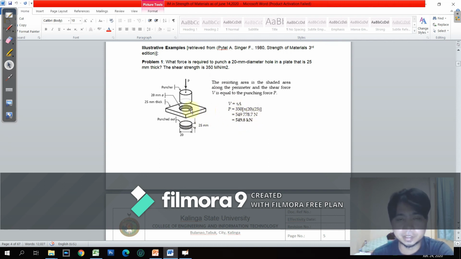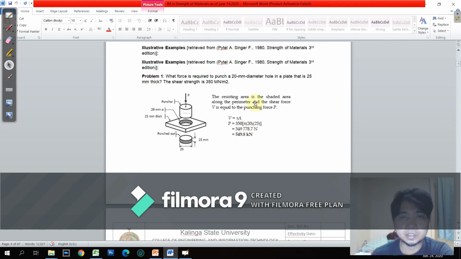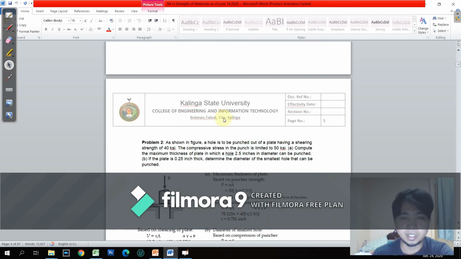We have discussed this a while ago. The shear area for a punching shear is the circumference. Okay, circumference of a circle is pi d times the thickness. Okay, so this shaded portion here is actually the shear area. So out of this, we can easily derive what is the force required in order to punch this 20 mm diameter hole and 25 mm thick.